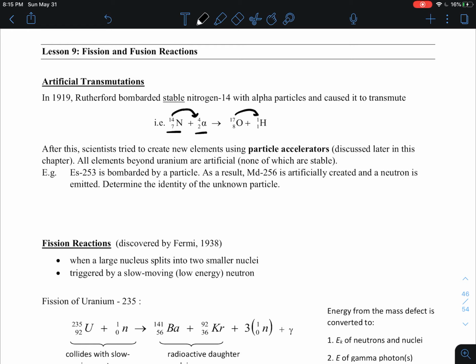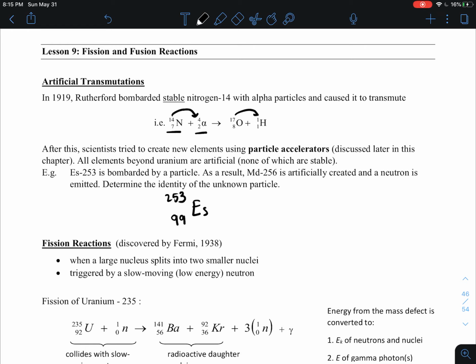So let's see what happens here. Let's write out our ES 253. And looking at my periodic table real quick here, ES, Einsteinium, yep. And that's naturally 99.